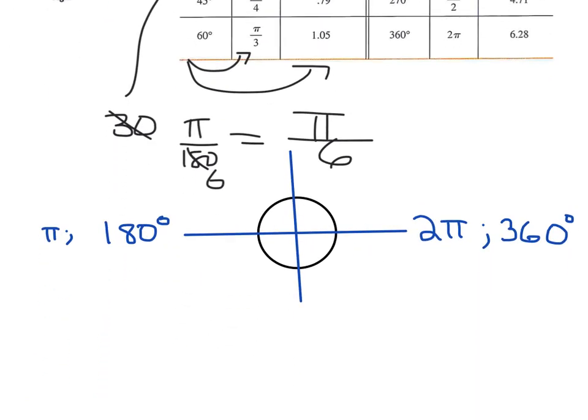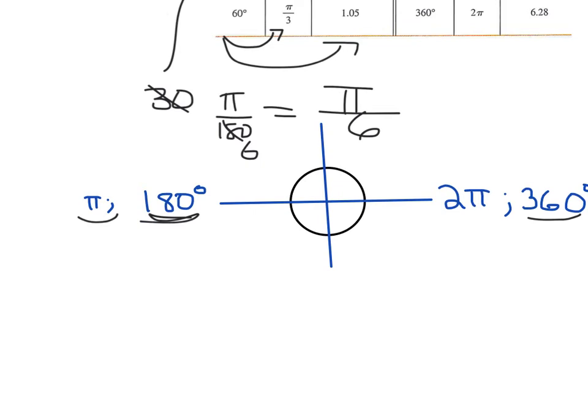Again, here is a circle. Notice 180 degrees is equivalent to pi, and the 360, the full circle, is 2 pi. Now again, if you ever forget, you can always convert. This is in radians, so to get it in degrees, you know you have to multiply it by 180 over pi. The pi's cancel, and that's how you turn pi into 180 degrees.